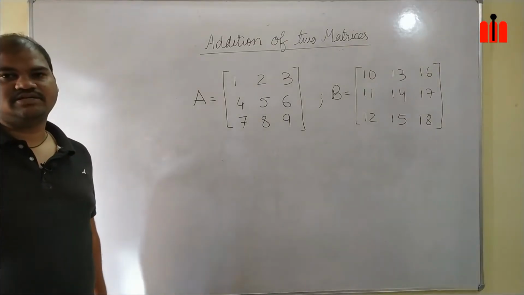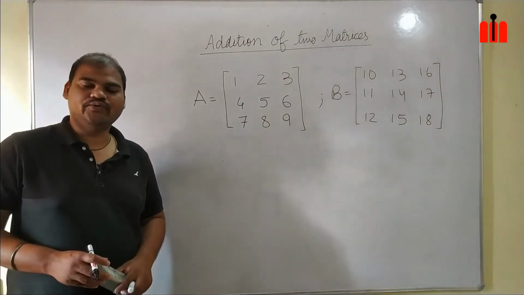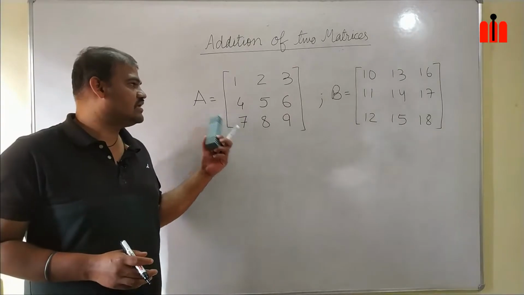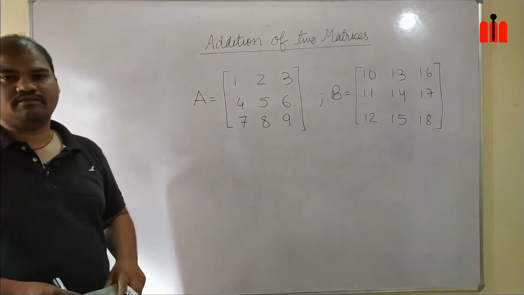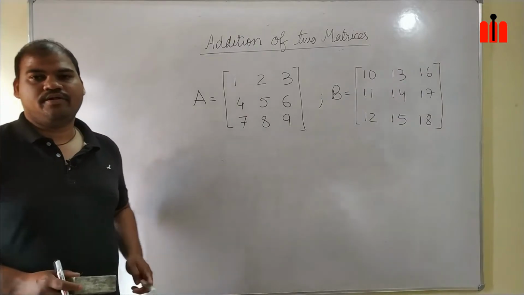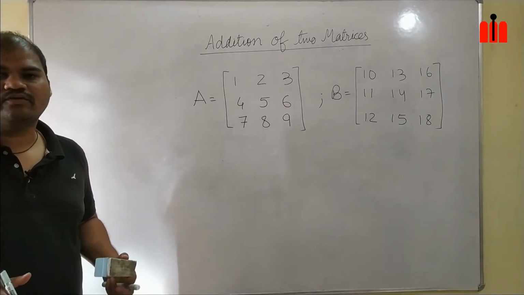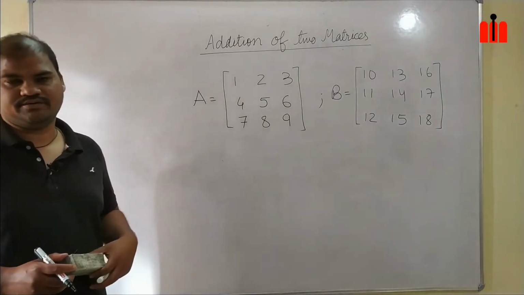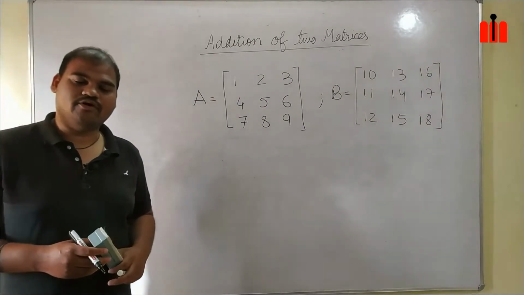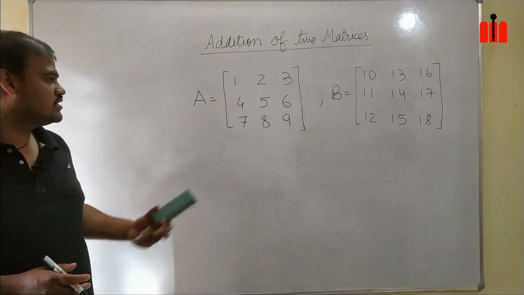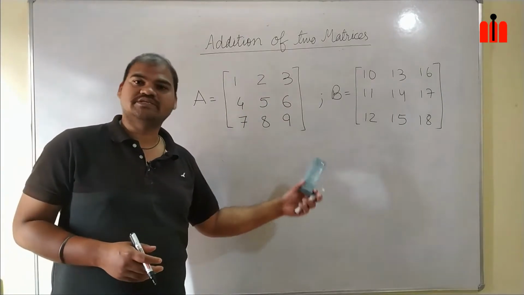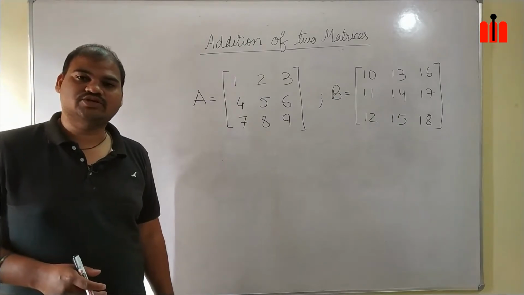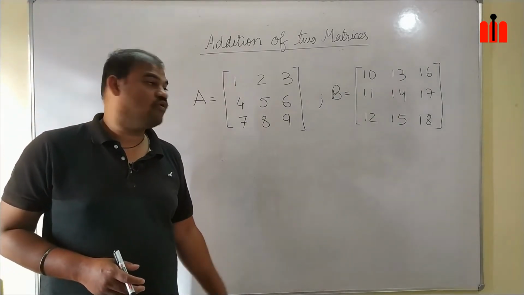Now we will see in this section the addition of two matrices. I have taken two matrices over here, matrix A and matrix B. Before jumping into addition, we have to perform a basic check: the sizes of both the matrices should be the same for addition.